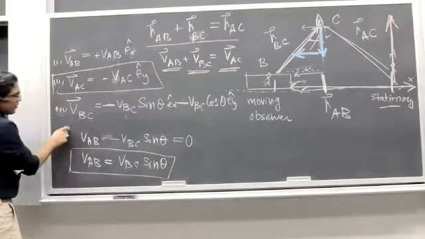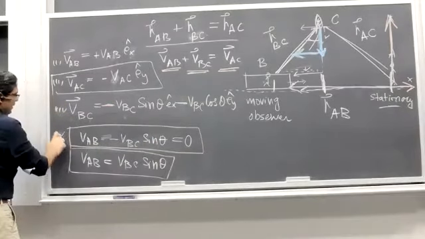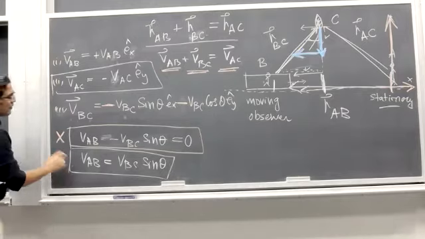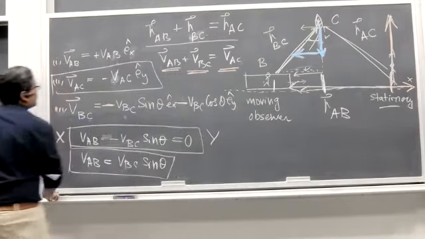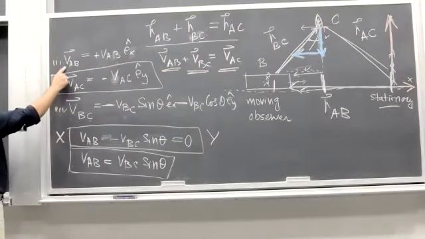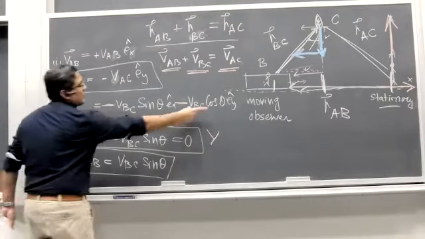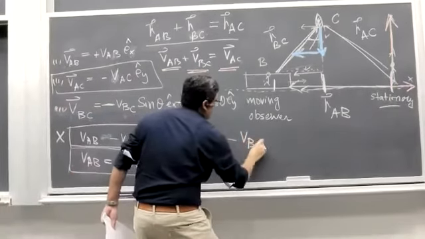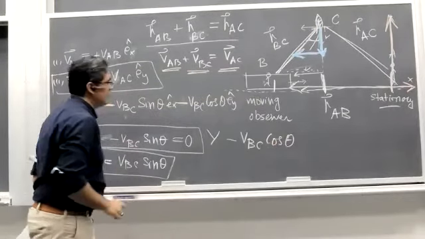So I'll get one of the equations looking like this. This is the x component comparison, and this gives me this equation. The y component would give me another equation. So now look at the y component. AB doesn't have any y component. BC has a y component, so I'll get minus VBC cosine theta.